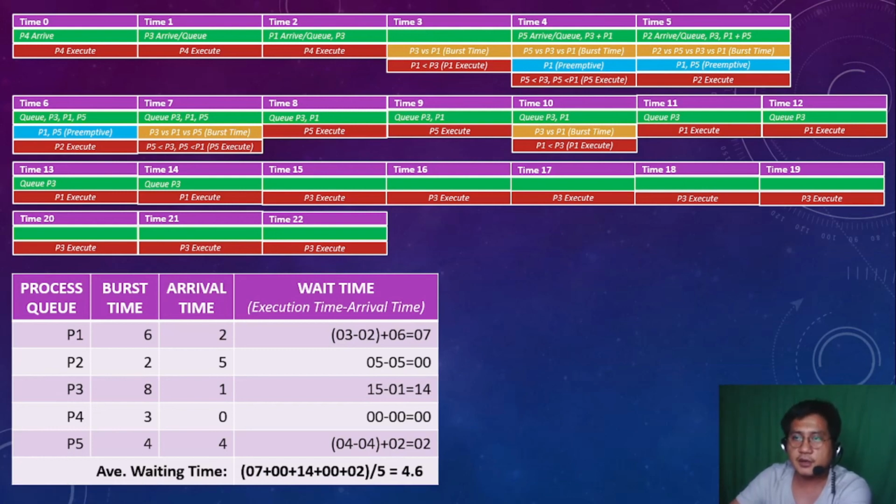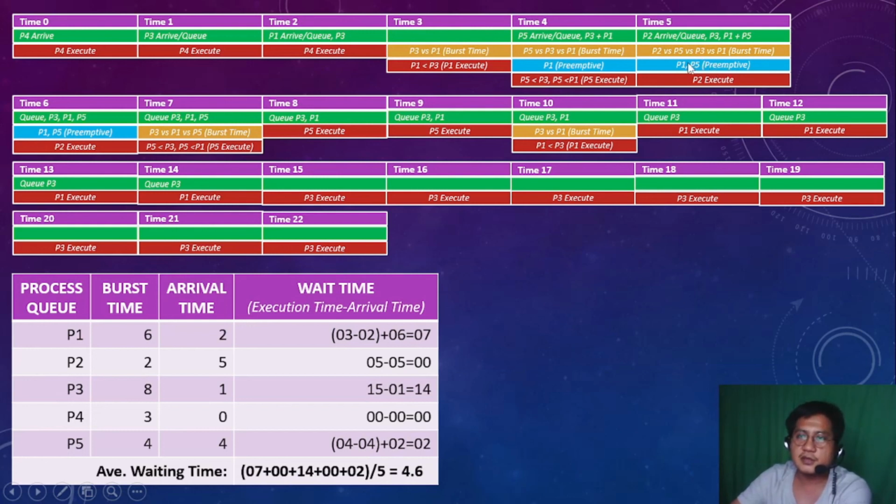So there are two preempted processes now. We have P1 and P5. And then since they are preempted, they are priority but still be added into the queue with P3. So we will now have P3, P1, plus P5 as the new queue for execution.